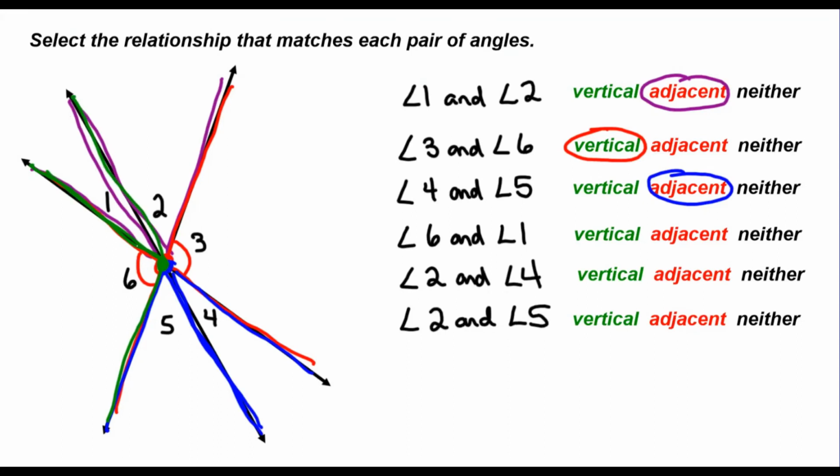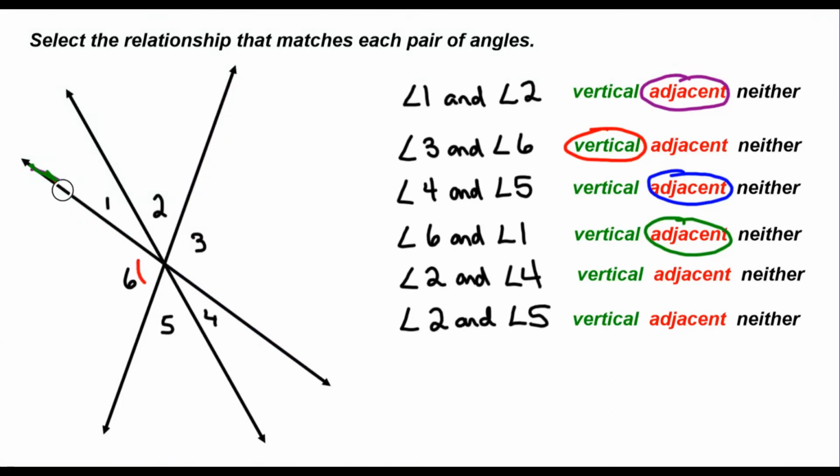They share a vertex and a side. These are neighbors, so they are adjacent. Angle 2 and angle 4, this is getting kind of messy here. Let me try to erase some of this. There we go, that's better.